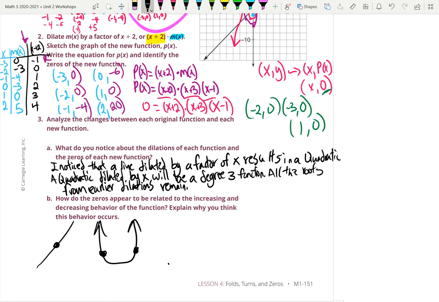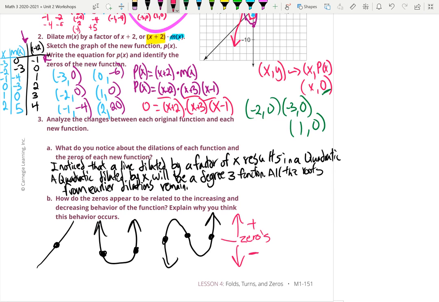And then our new function, our degree 3, had 3 zeros. Now, remember, all of these points are on the x-axis. If you're above this point, you're a positive number. If you're below this point, you're a negative number. Remember, these are the zeros.